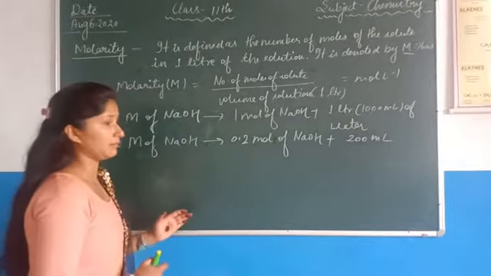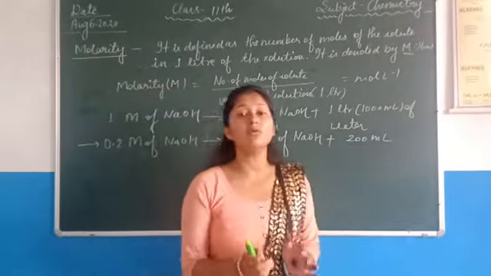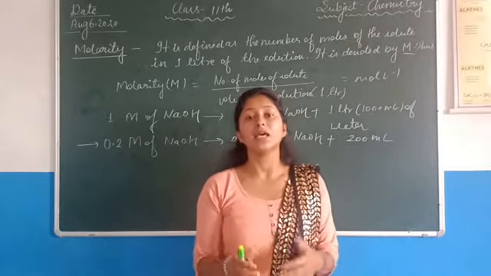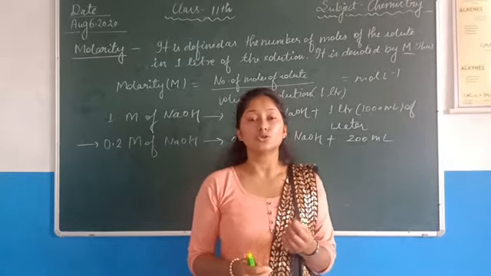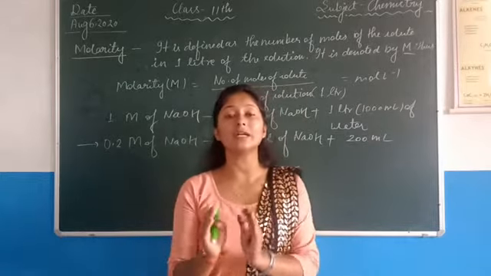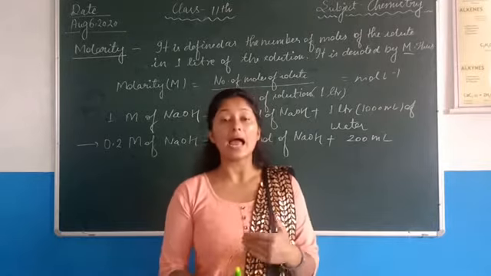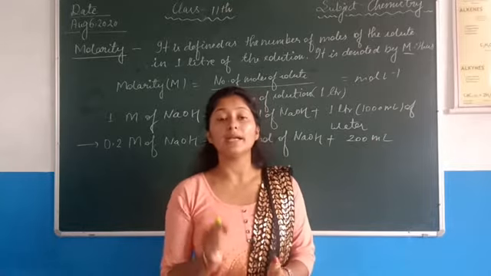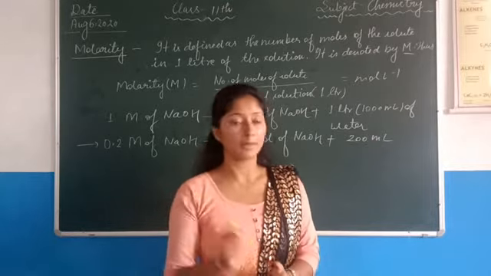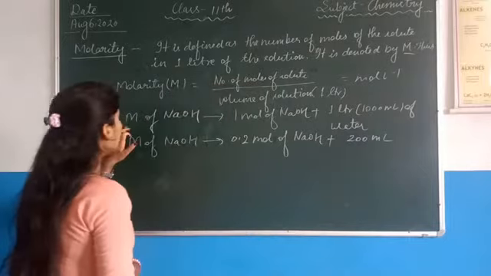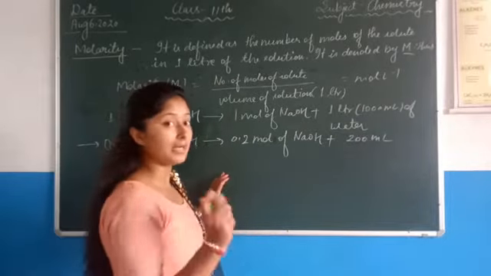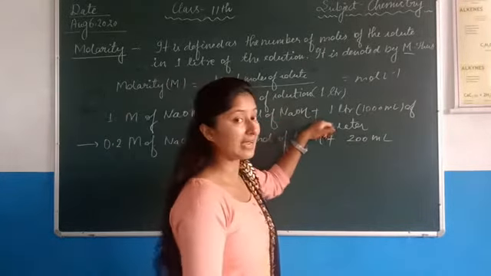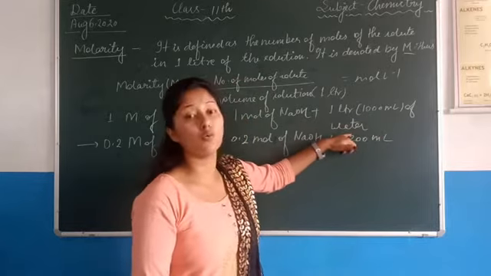And if we are given 1 molarity solution of any substance in the laboratory, say sodium hydroxide solution, तो सोडियम हाइड्रोक्साइड का 1 मोलरिटी का सॉल्यूशन अगर आपको गिवन है और we have to prepare another solution of molarity 0.2 M. Okay, so 1 molarity of sodium hydroxide means 1 mole of sodium hydroxide in 1 liter, that means 1000 milliliter of water.